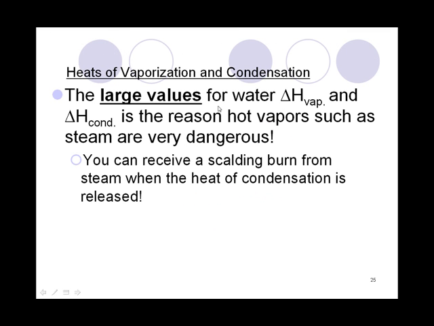Remember that the heat of vaporization and the heat of condensation is significantly larger than the heat of fusion or solidification. So remember that the heat of condensation was negative 40.7 kilojoules that was released for every 1 mole of the steam to condense into a liquid.